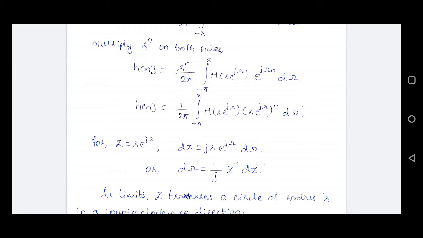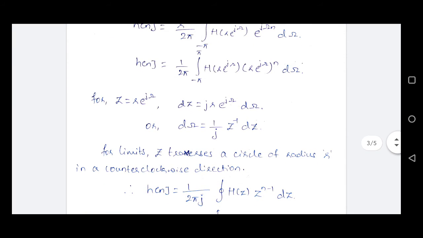And we know that for the z transform, z is equal to r e to the power j omega. If we differentiate this, dz will be equal to j times r e to the power j omega d omega. If we rewrite this for d omega, then d omega will be equal to 1 divided by j z inverse dz.